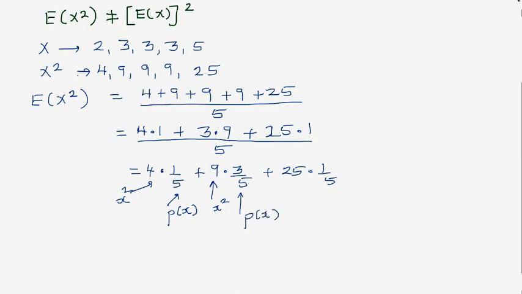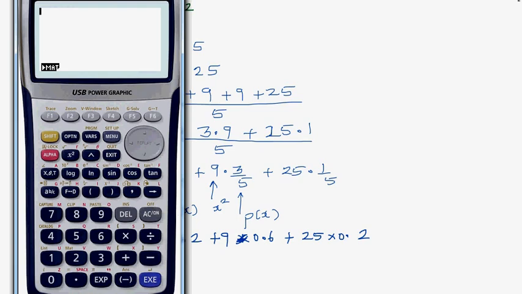So let's try to do it without the calculator. 4 times 1/5 is 2/10, which is 0.2, plus 9 times 6/10, 9 times 0.6, plus 25 times 0.2. Let me bring my calculator out.